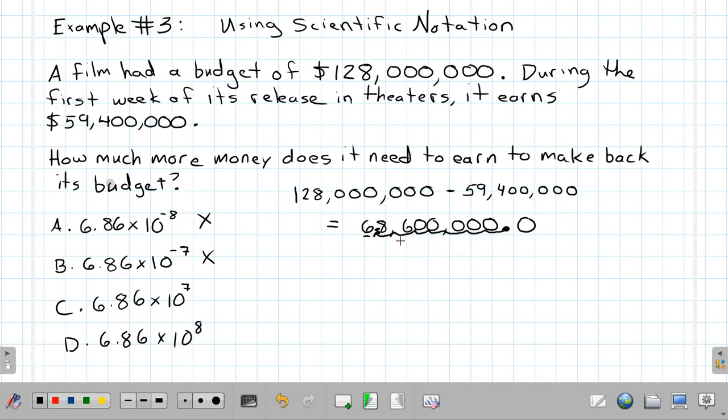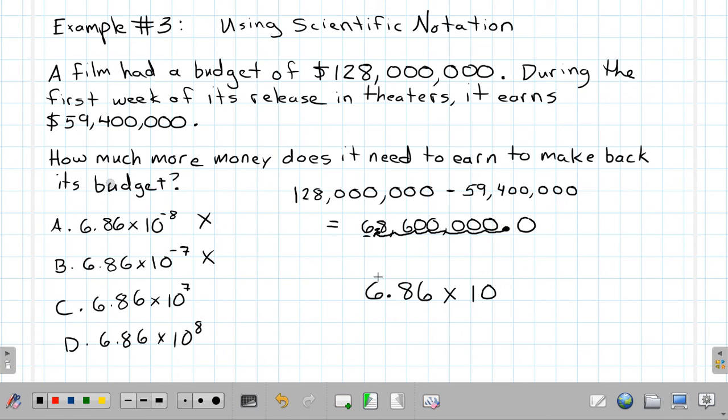Okay, so that means we're going to have the number 6.8, and then the 6. There's another 6 there, so the 6. And then, like I said, we don't technically need all the zeros at the end. That's the whole point of scientific notation, so we don't have to write all the zeros. So 6.86 times 10, and then here's where our common sense comes in.